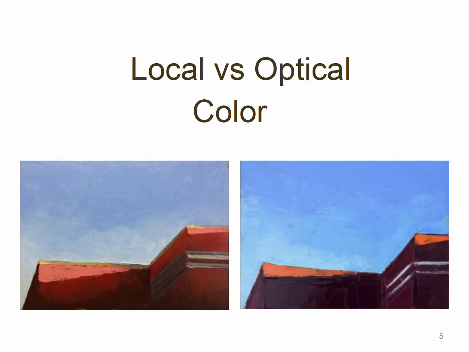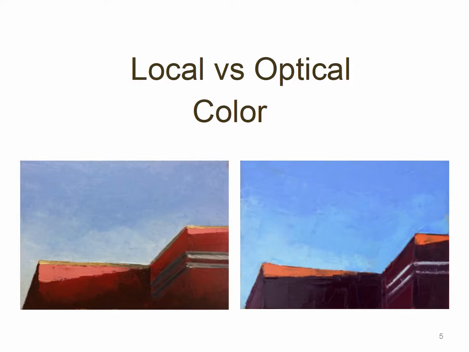What ends up happening so often when people rely on local color is that they end up with a painting that is somewhat chalky. So value alone, and in both of these paintings, the value is what is creating the strong sense of color and illumination. But with value alone, you can still create a sense of light, but it's not going to be as strong as when you incorporate hues in as well.